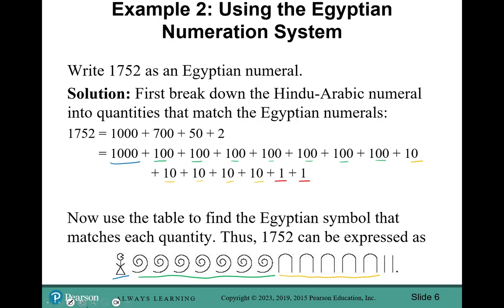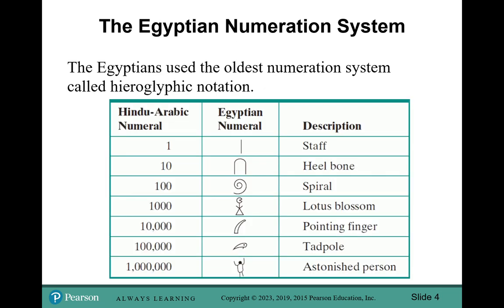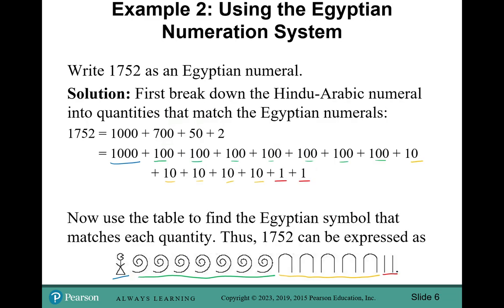And then we as well have our 2 1s. We can go back and we can check the technical way of describing this as well if we needed to, following our chart. So lotus blossom, 7 spirals, 5 heel bones, and 2 staffs.